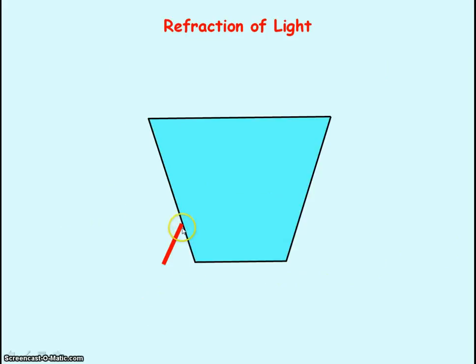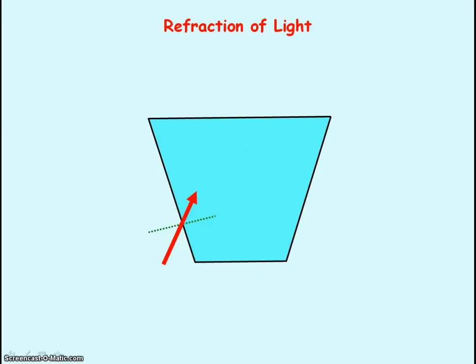If we now consider the refraction of this ray of light, then at this point where the incident ray meets the surface, we need to draw the normal line. So remember, the normal line is 90 degrees to the surface. Now, if there was no change in medium, the ray would pass straight through.